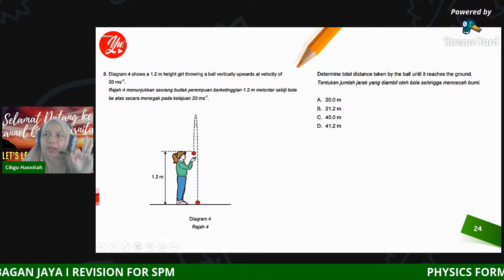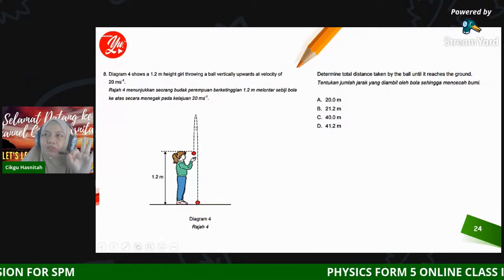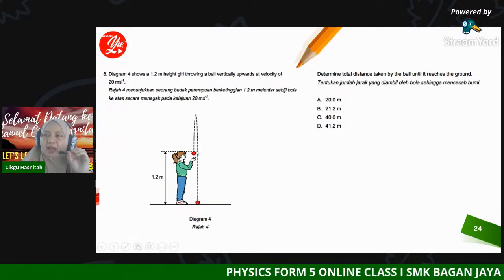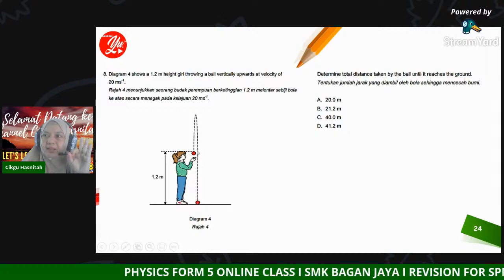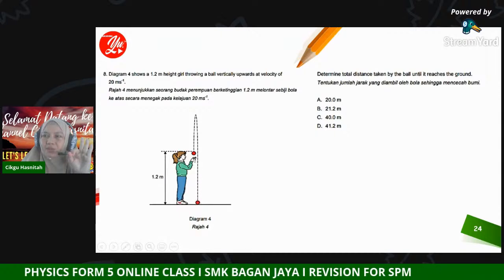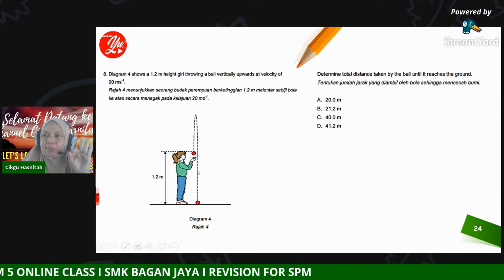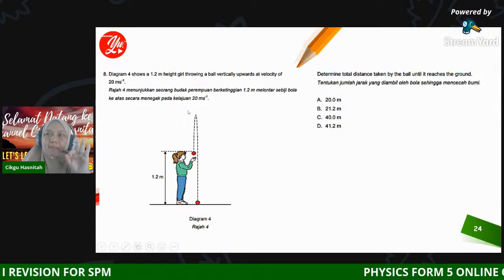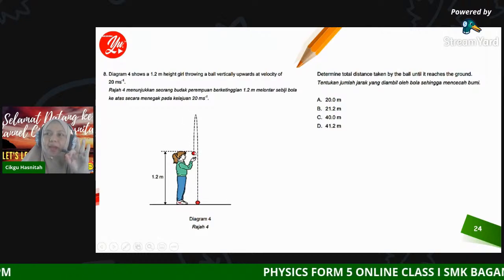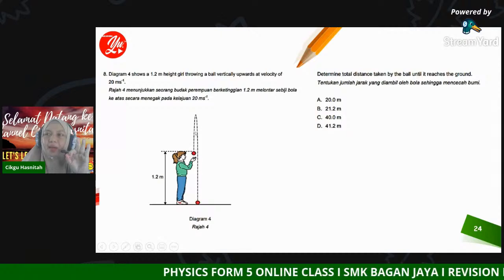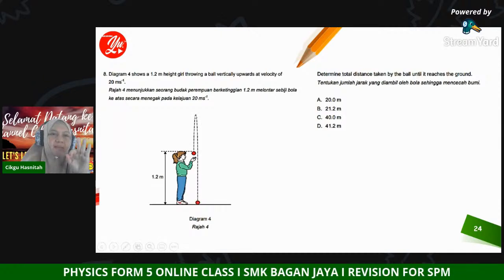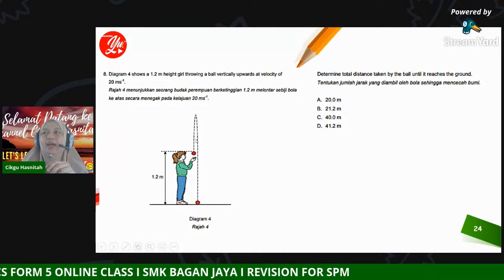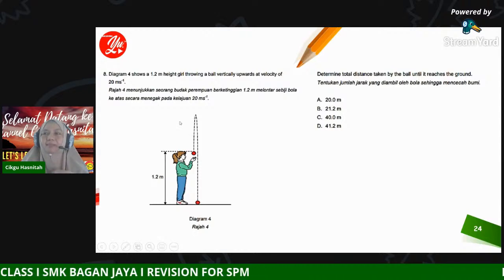First, when you throw it up. Second, when it drops back to this height. And third, from this height to the ground. This one we know already, it is 1.2 meter. So we have to find the distance up here, from the head of the girl until it reaches the maximum height. So how to find this height, class?